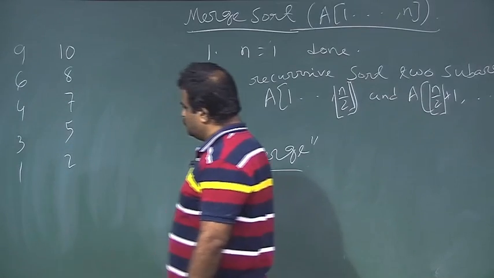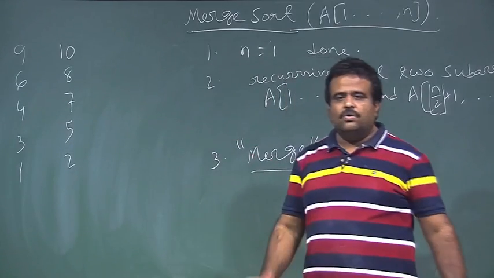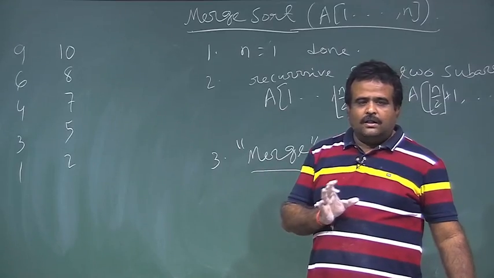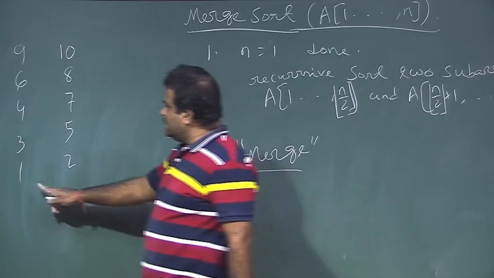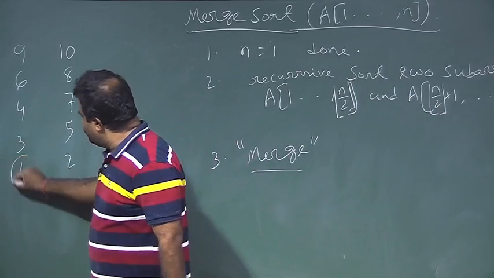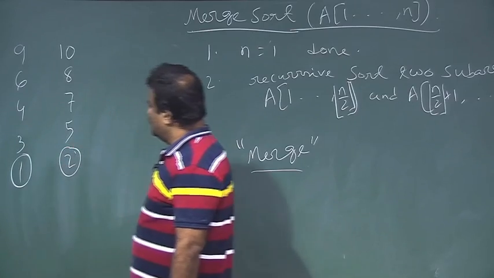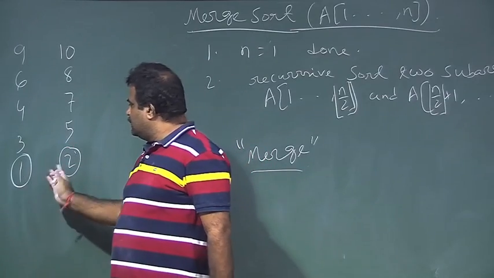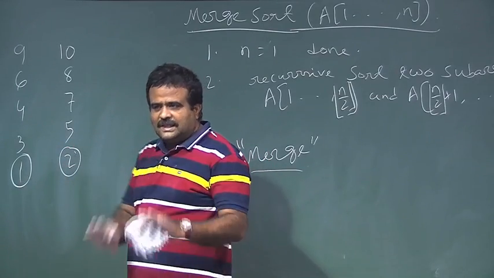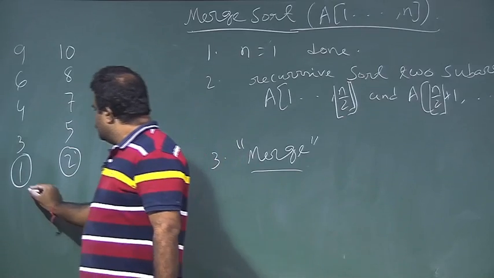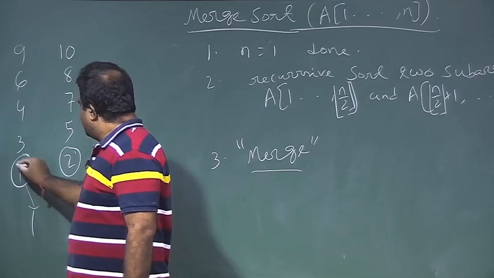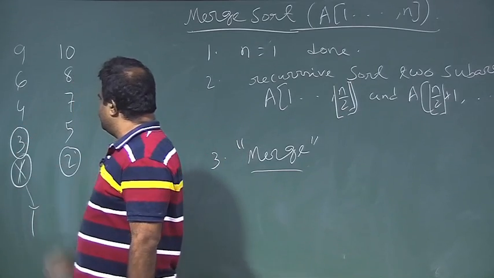Now, we call merge. For merge, what do we take? We point to the least element of each of these arrays. Now we compare these two. Whichever is the least among these, we output it. So, we output 1 and we point to the next least element of that array.